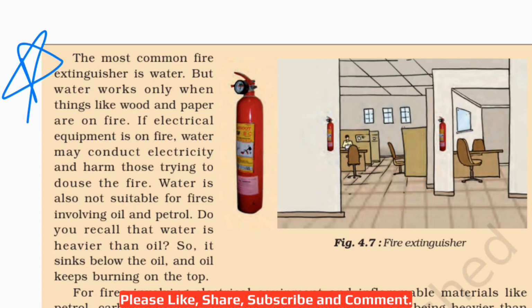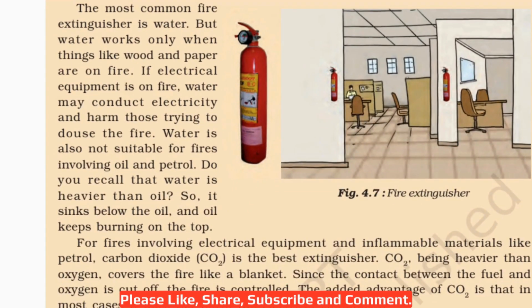If electrical equipment is on fire, water may conduct electricity and harm those trying to douse the fire. So it is not suitable to use water if the fire is on any electrical equipment. Water is also not suitable for fires involving oil and petrol.